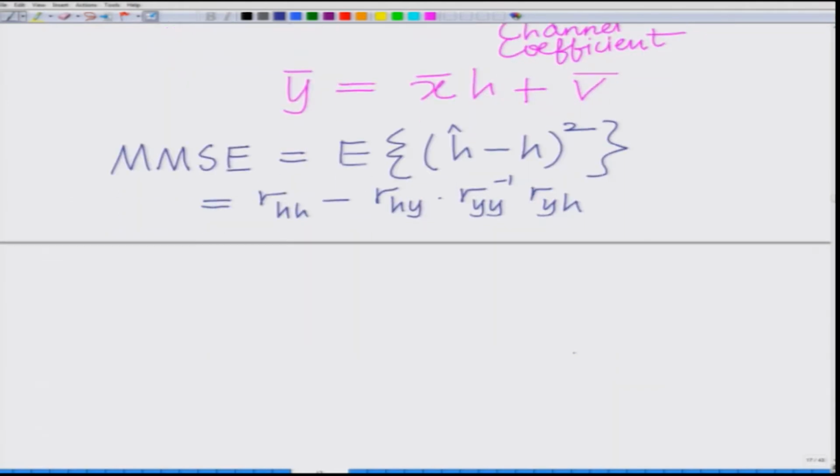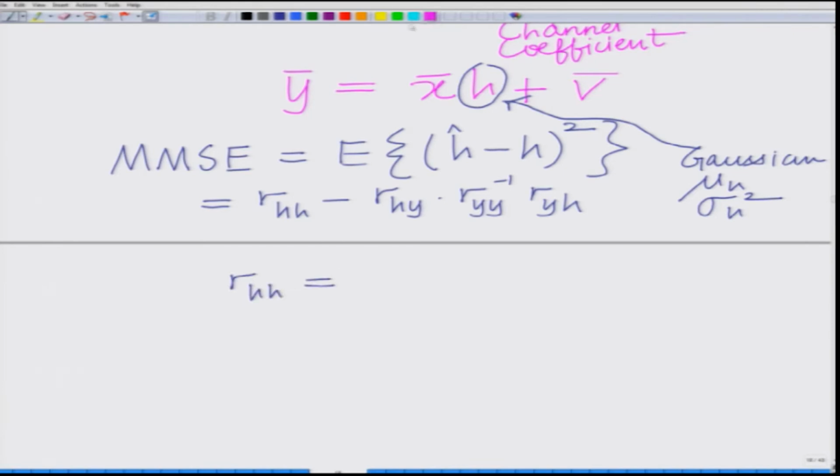Remember, we are considering the channel coefficient h to be Gaussian, so the prior distribution is Gaussian with mean mu h and variance sigma h square. So our RHH is equal to your prior variance, sigma h square.